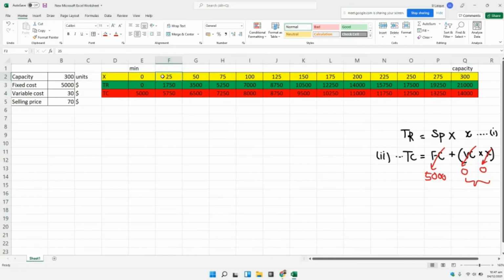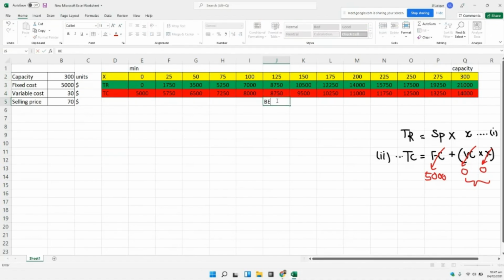So basically, this entity is at a loss if they produce and sell this many units. But as you move along, the margin of difference between the total revenue and total cost decreases. If I move to this point here, it's 5,250. Here, it's 7,250. But if I move towards this point right here, 125 units, notice the total revenue and the total cost are basically equal.